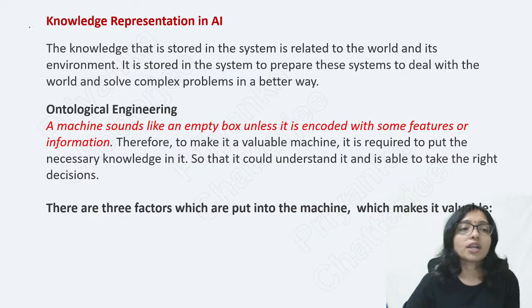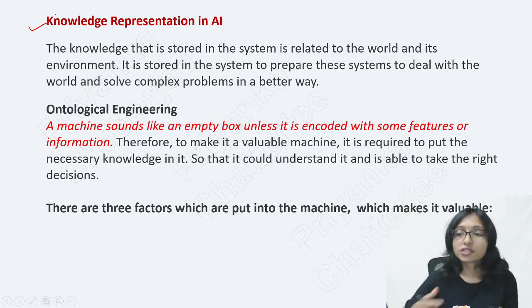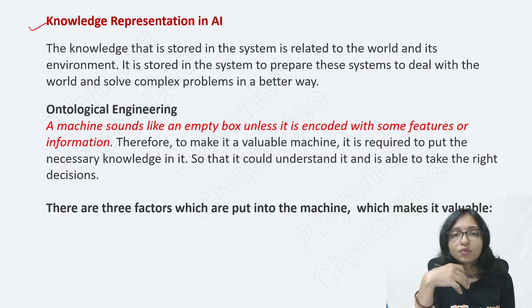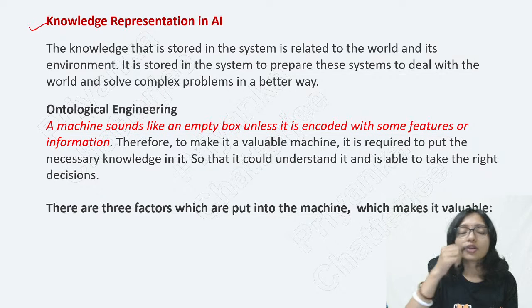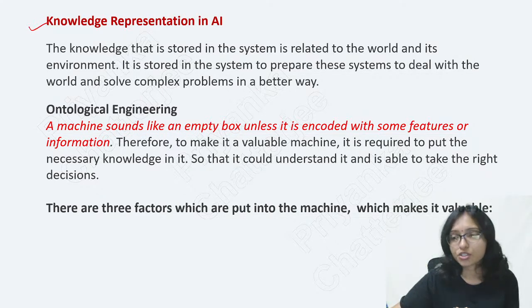First of all, knowledge representation. Why is the representation of knowledge required? Because we are human beings, we have knowledge, we store it in our brain. Whenever it is required, we are able to use that knowledge automatically.